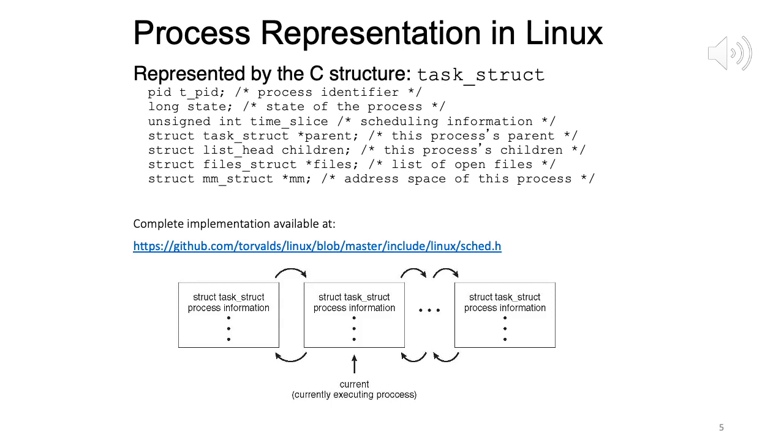And you can scroll down and you can see some other information. So all of it may not make sense, but at least some of it you should be able to make out. And this will show you the complete implementation of task struct. So the main thing here is this is a data structure which in Linux contains all the information relevant to a process.